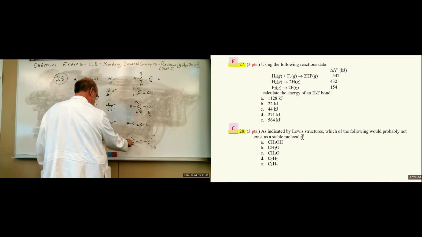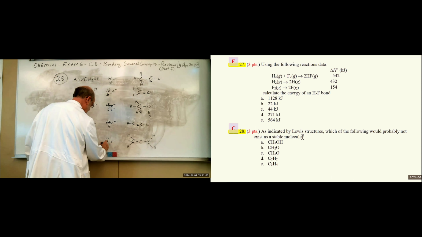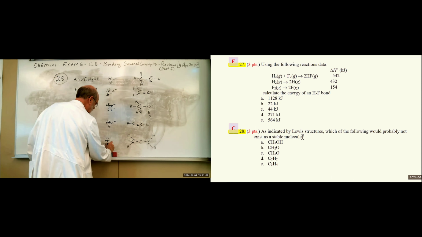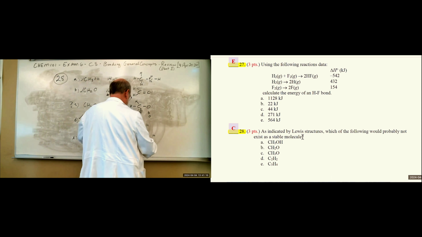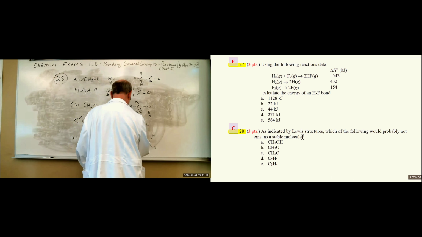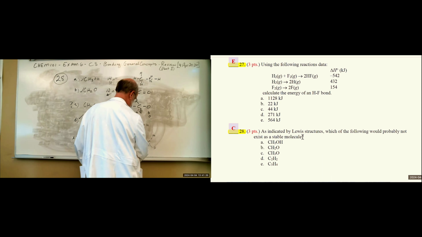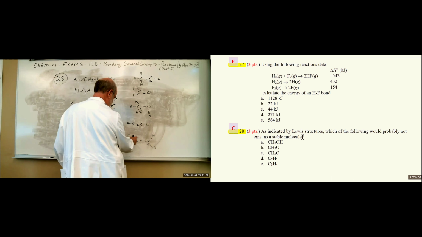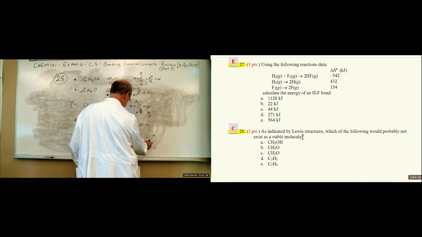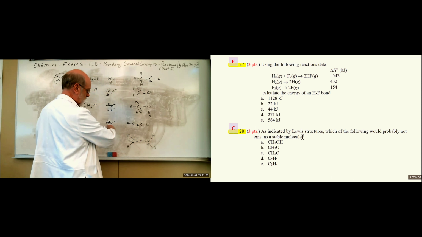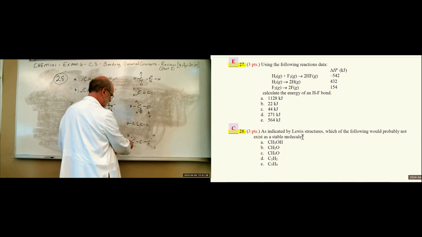C3H4, okay. 2, 4, 6, 8, and 12. All right, so 12, we've got 4 electrons left over. So we move from the outside in. Okay. We can put 2 more here and 2 more here. That 2, 4, 6, 8, 10, 12, 14, 16. Okay, got all our electrons in there. Now we have to make an octet.